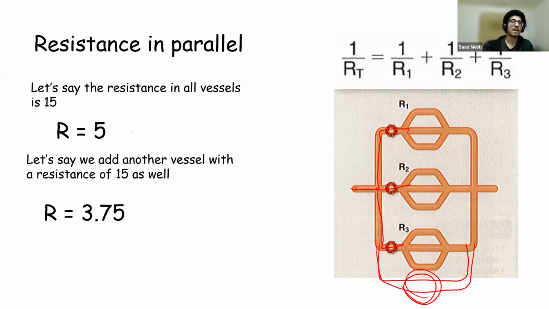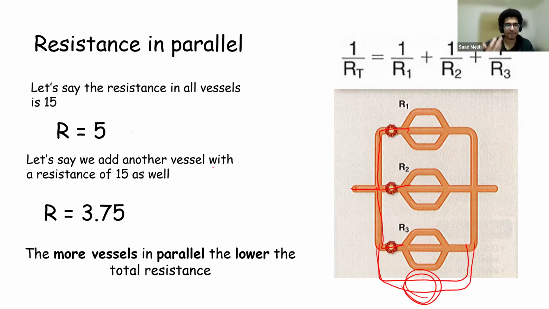Okay? And look how when we add another vessel with a resistance of 15, it becomes 3.75. 3.75 is just 15 divided by 4, sorry. It's the same way we solved it earlier, but then we added another blood vessel. What we can derive from this as well is that the more vessels we have in parallel, the lower the total resistance.